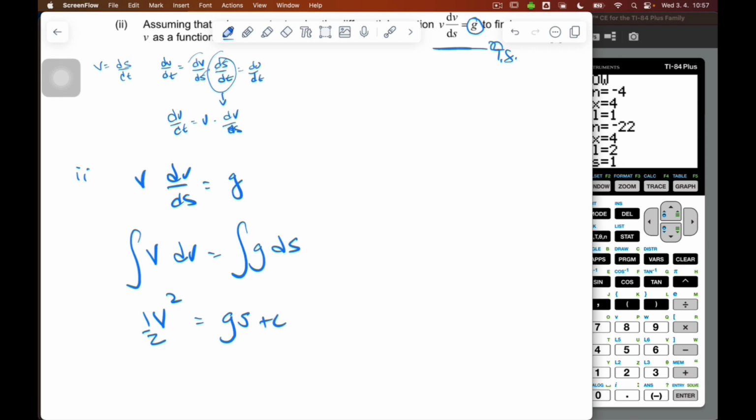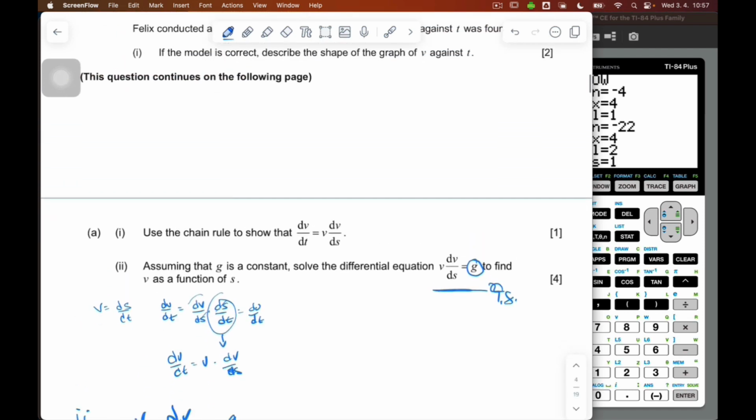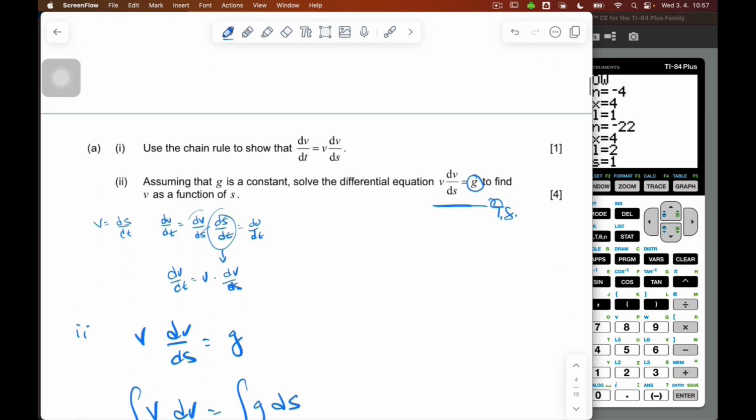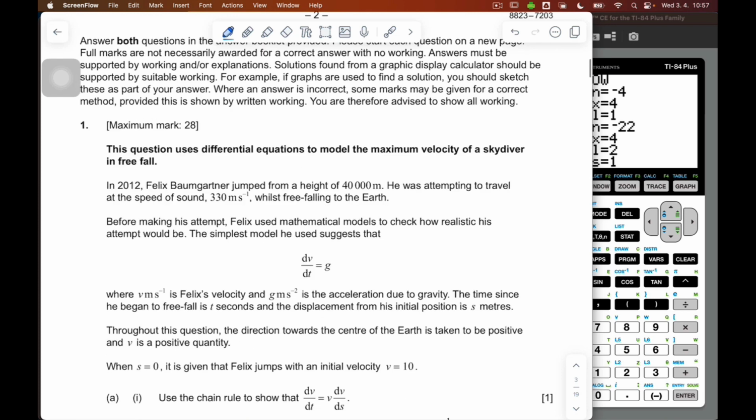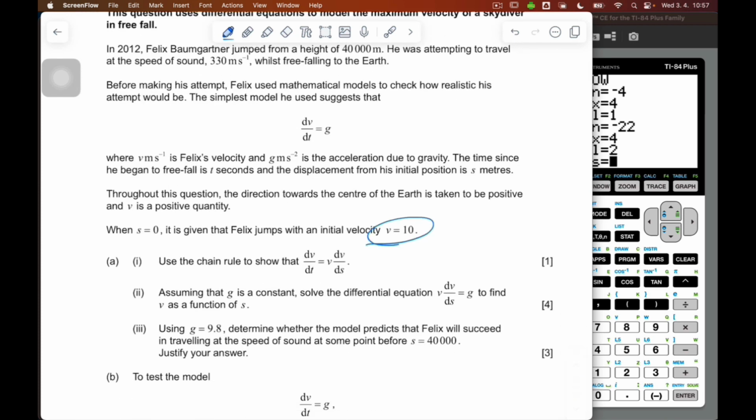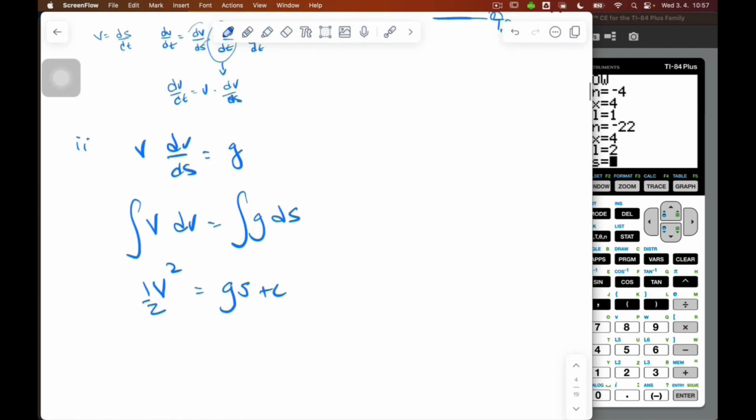Now I use my initial condition, which, if I recall from the question, is v is 10 when s is 0. So when v equals 10, s is equal to 0. So 1/2 times 10 squared equals g times 0 plus c. So 50 is equal to c.